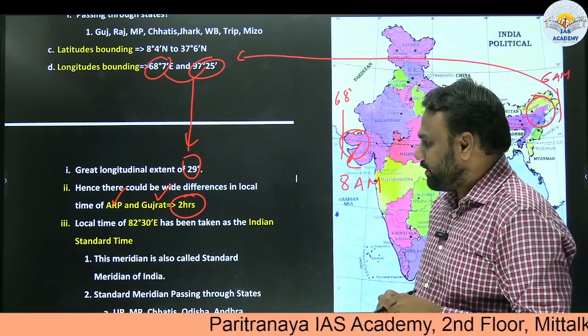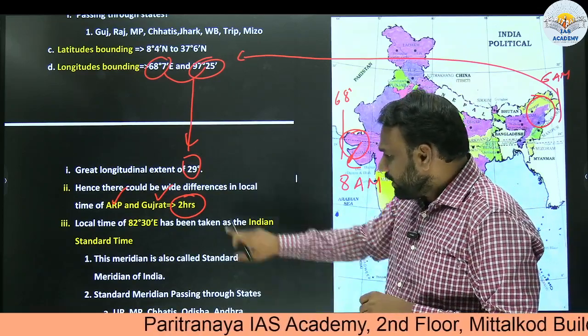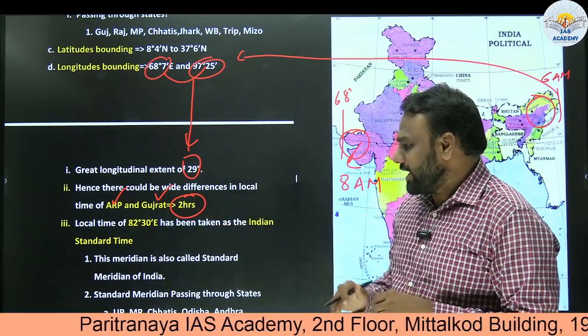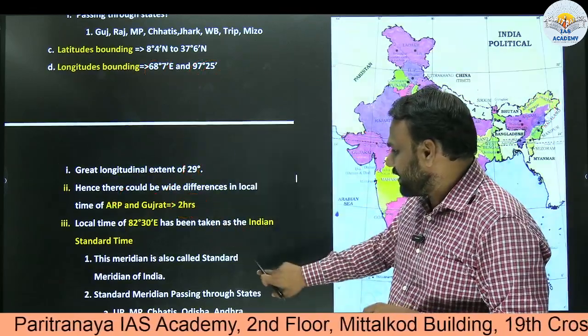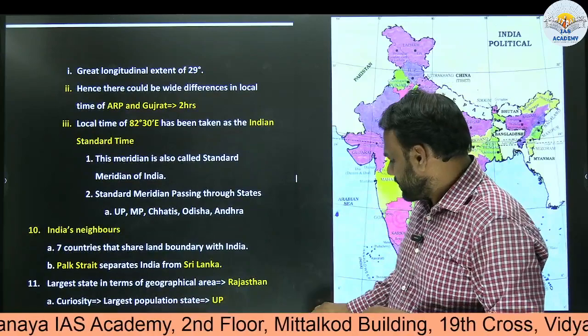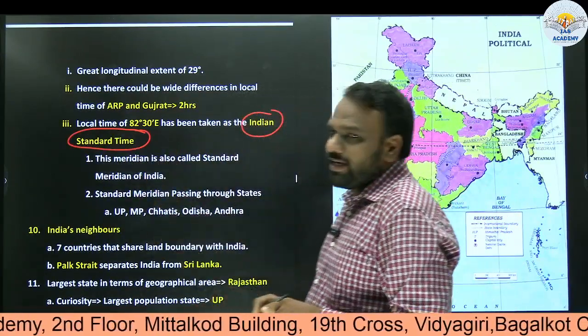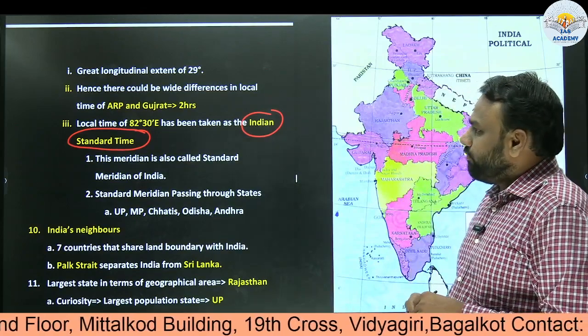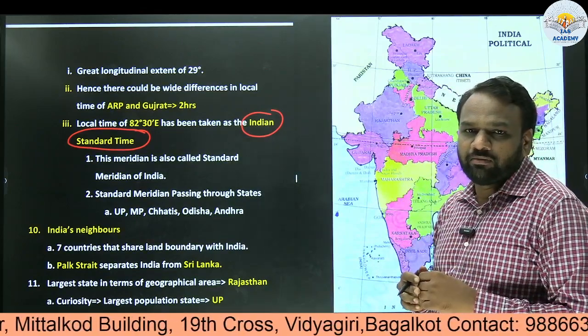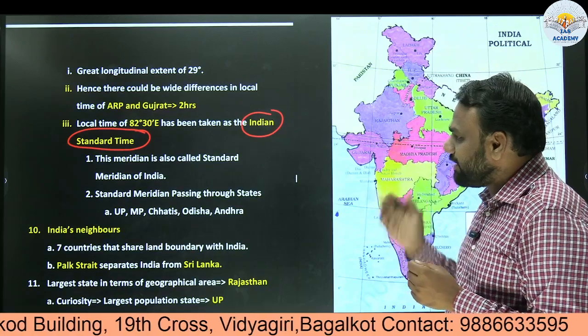Now I mentioned that we have adopted a standard time. That is called Indian Standard Time. For this Indian Standard Time, we require a reference point. Which line have we taken as a reference?